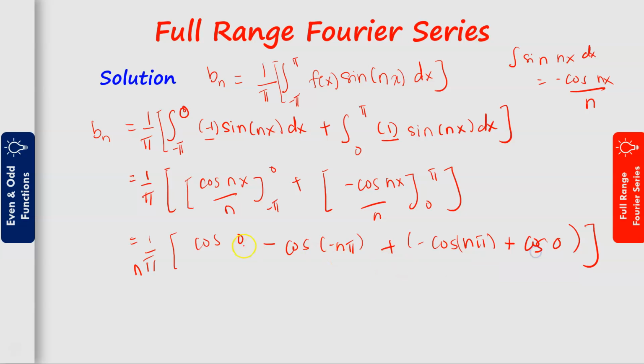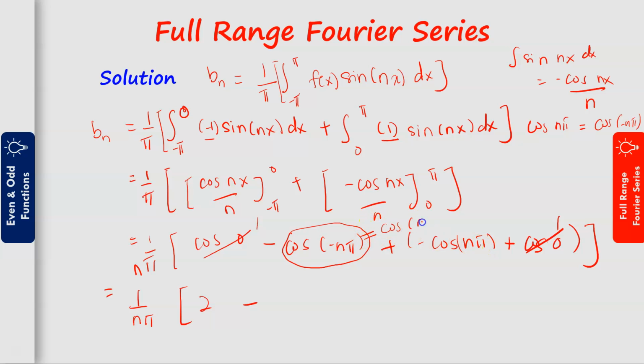When we solve this, this one is 1, this one is 1, so you will have 1 over n pi, 2 minus, okay, remember, cos is actually an even function. For an even function, cos n pi will be equal to cos negative n pi. In this case, we can write cos negative n pi as cos n pi.